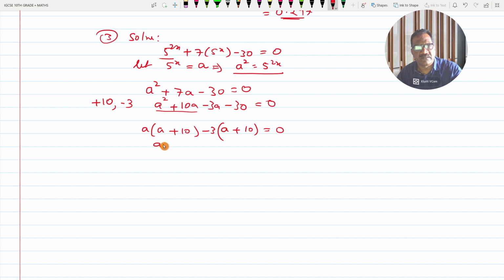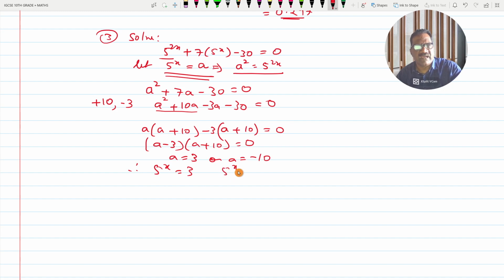This gives me a minus 3 times a plus 10 equal to 0. This is nothing but factorization. And this gives me a equal to 3 or a equal to minus 10. These are the two values I'm getting for a. But mind you, you had taken a as 5 raised to x, so resubstituting the value of a, I get 5 raised to x equal to 3 and 5 raised to x equal to minus 10.